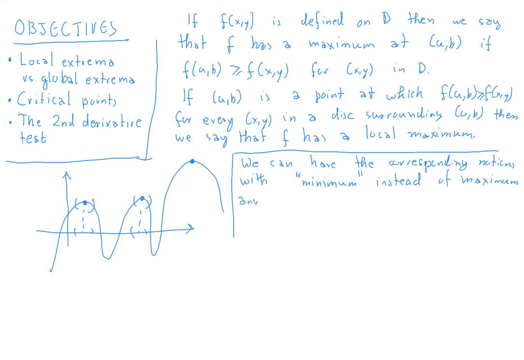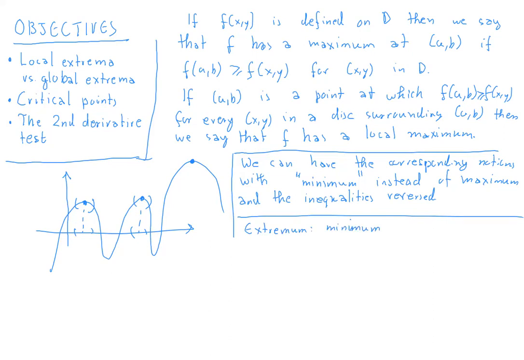And the inequality is reversed. And we can actually use one word to describe both minima and maxima, and that's the word extrema. So extremum is minimum or maximum. For constant functions, it will be both.